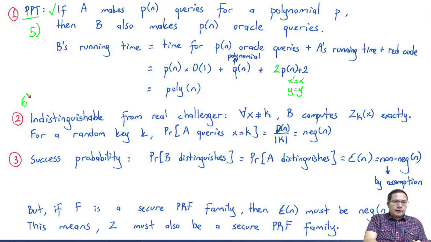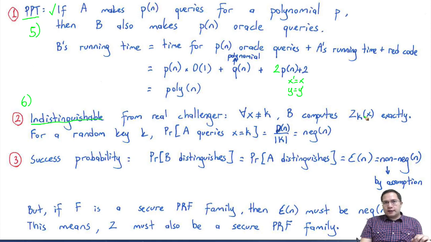The sixth thing we need to do is to show that B is indistinguishable from a real challenger. So A's interaction with B should be similar to A's interaction with a real challenger. Now realize the following. For all queries A makes, for all x's that are not equal to the key, B indeed computes z_k of x exactly as a real challenger would have computed.